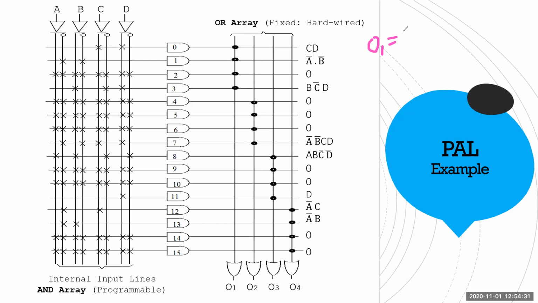O1 is CD plus A bar B bar plus B C D bar plus ABC plus B bar D bar, something like this. That means I have given you 5, but your PAL is 4. So you have 4, but I have given you an expression that is 5.